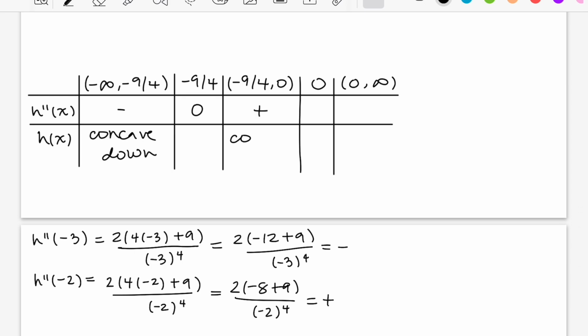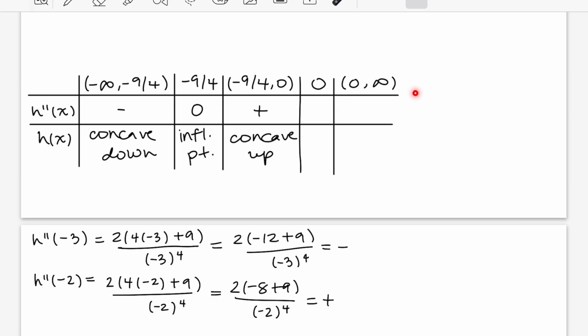So our function is going to be concave up over this interval. And then we know that since our second derivative changes sign from negative to positive here, our function is going from concave down to concave up. So this tells us that we're going to have an inflection point when x is equal to -9/4.